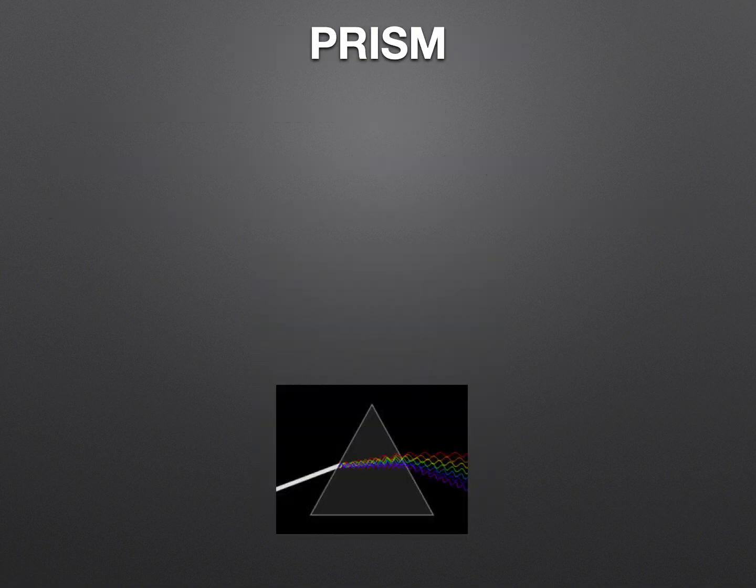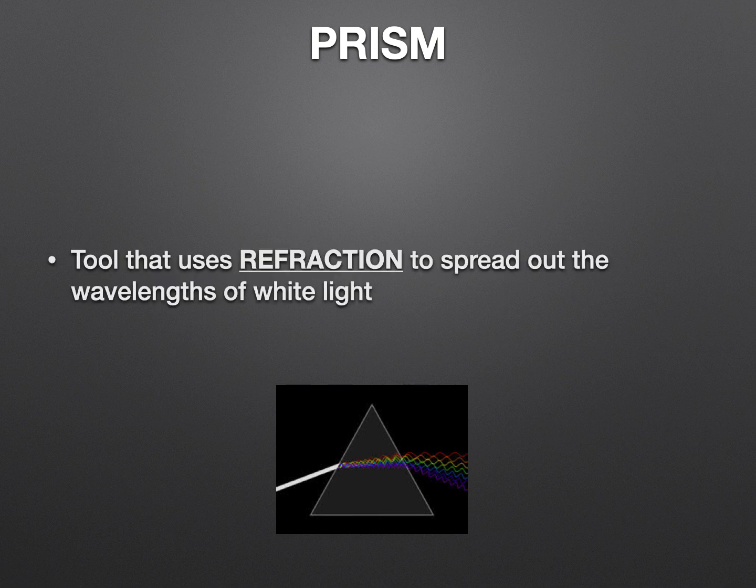There is a tool that is used to figure out how light is spread into the different colors. Okay, so if you didn't know, all the light coming from the sun is known as white light. White light is all of the different colors of the rainbow put together. So all light is white until something else happens, a different behavior. Now this tool uses refraction.